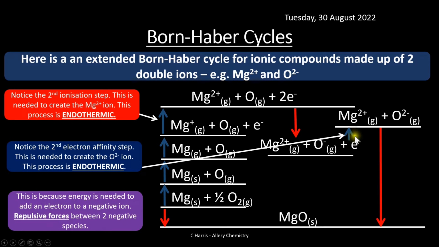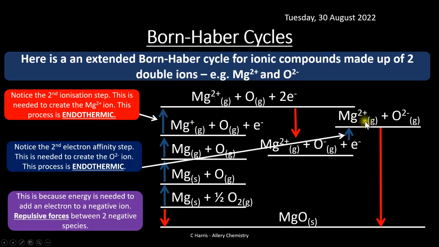The reason is you're trying to add a negatively charged electron into something that's already negatively charged, so you have some electron repulsion. These repulsive forces mean you need to put a little bit of energy in to get that second electron onto the original ion.